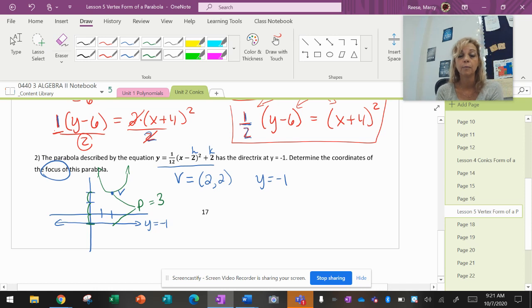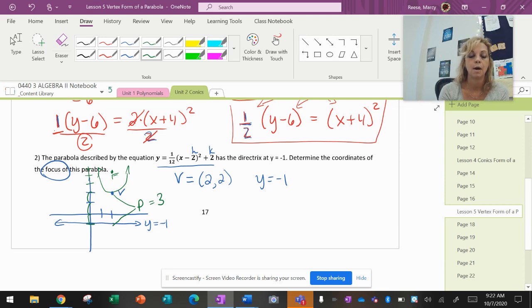All right, so if I have a p-value of 3, that means on the other side of the vertex, I have to go 3 up from there, and there's my focus, right? Because the p-value is the distance from the vertex to the directrix, which is also the distance from the vertex to the focus.